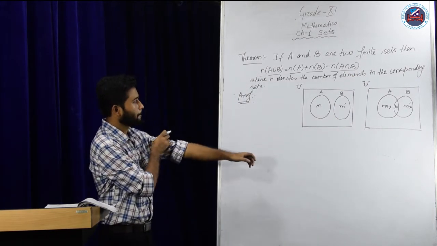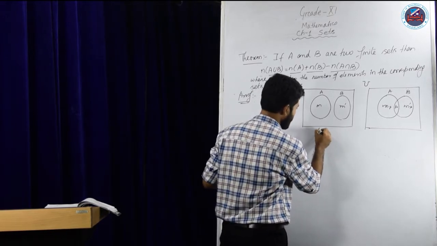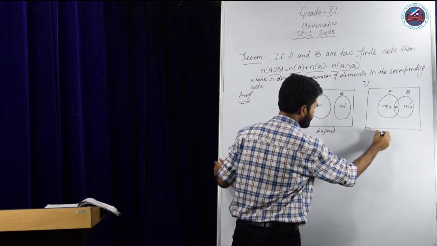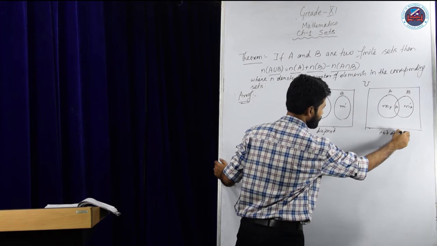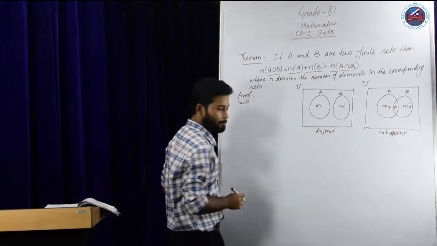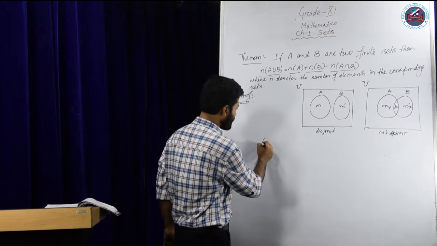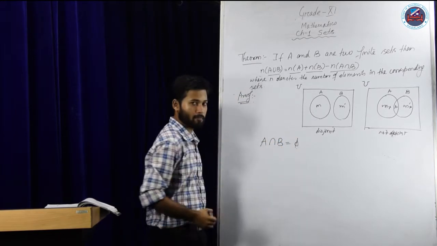So, at first, what is a disjoint set? In this case, this is the disjoint case, and this is the not disjoint case. Okay, so disjoint means that if I take the intersection of two sets, then the intersection must be phi.